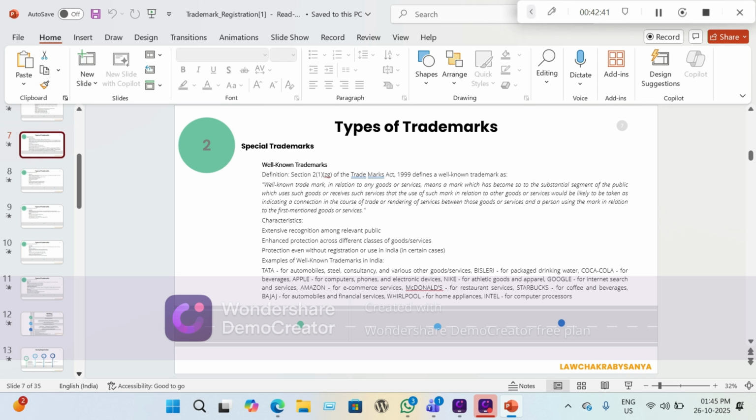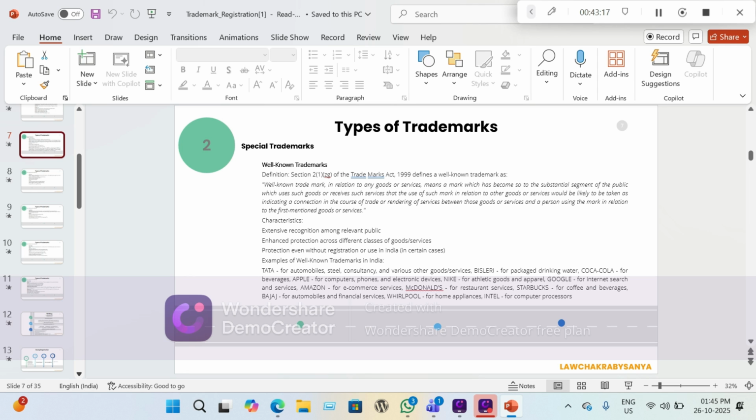So, for example, Tata for automobile, steel, consultancy and various other goods and services, Bisleri for packaged drinking water, Coca-Cola for beverages, Apple for computer and electronic devices, Nike for athletic goods and apparel, Google for internet search services, Amazon for e-commerce, McDonald's for restaurant services, Starbucks, etc., Bajaj for automobiles and financial services, Whirlpool for home appliances, and Intel for computer processors. They are all well known trademarks.